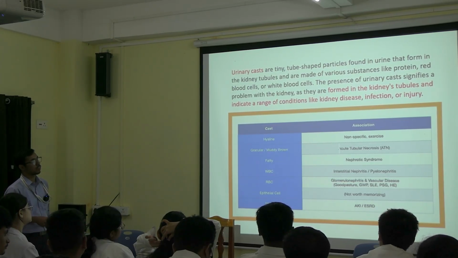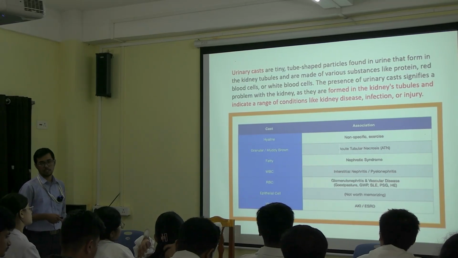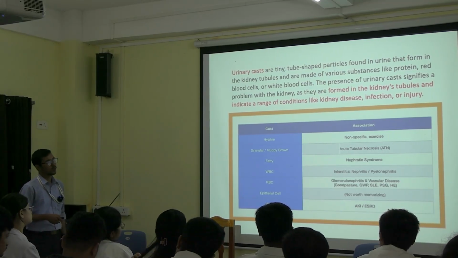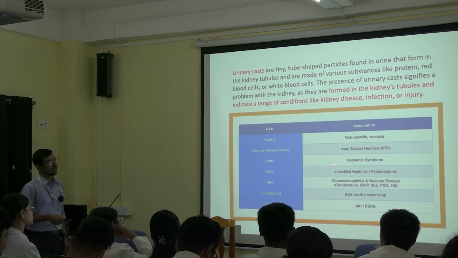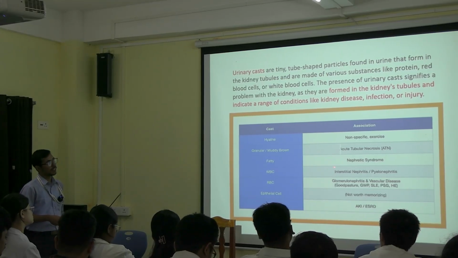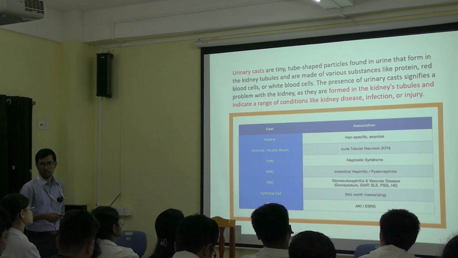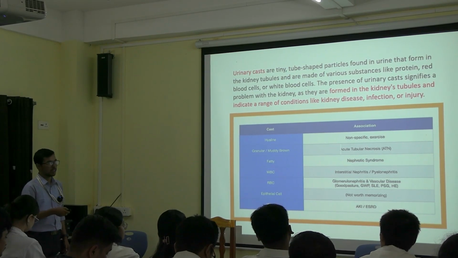Granular or muddy brown casts can be seen. After finding this, you can conclude that acute tubular necrosis has happened. Then similarly, fatty casts you can find for nephrotic syndrome. Then WBC casts will be there if there is interstitial nephritis or pyelonephritis, infection of the kidney. In chronic infection of the kidney, pus will be formed in the kidney, then it will be passed in urine.